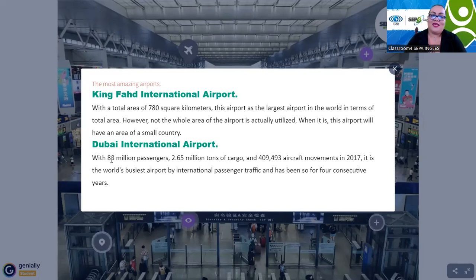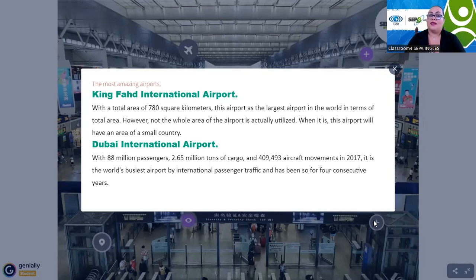With 88 million passengers, 2.65 million tons of cargo, and 400,493 aircraft movements in 2017, it is the world's busiest airport by international passenger traffic and has been so for 4 consecutive years.